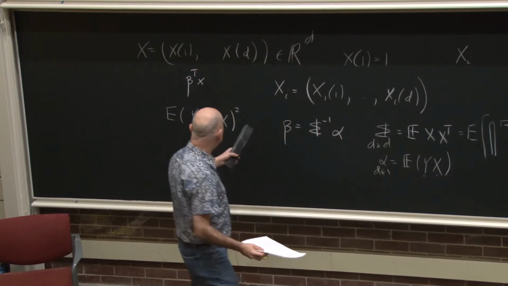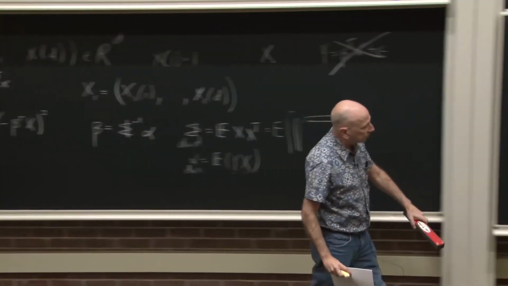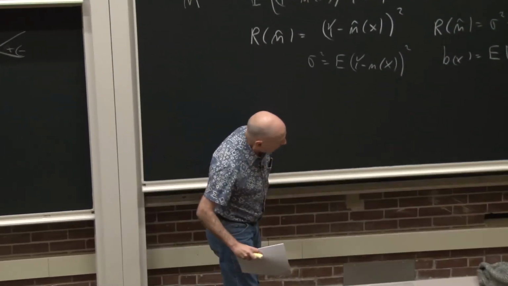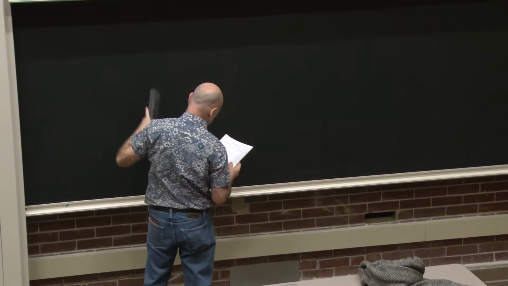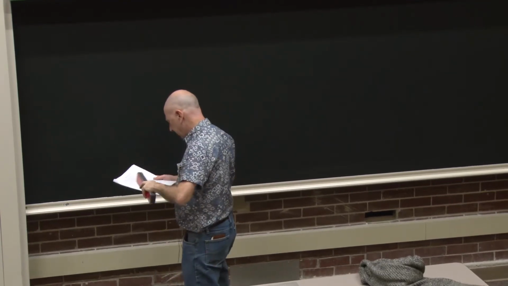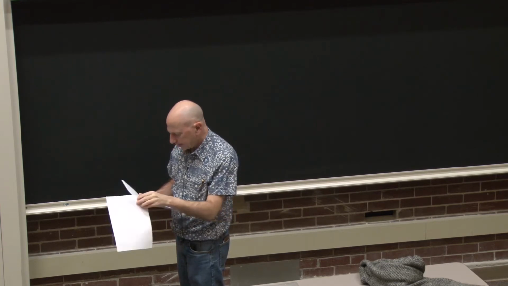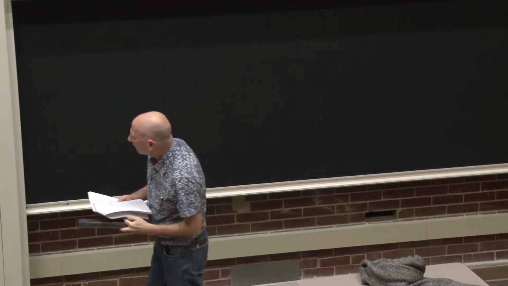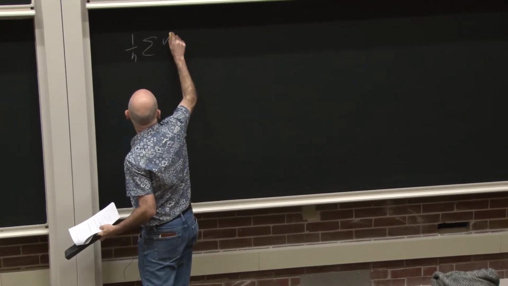And the sample version of this we can get by replacing this with the training error, which is what you usually do. So you would minimize the sample version of that.